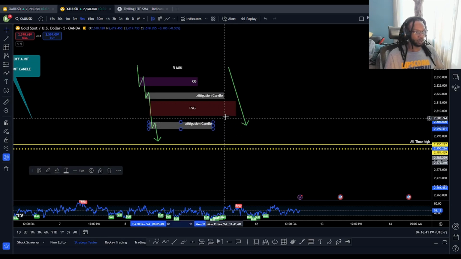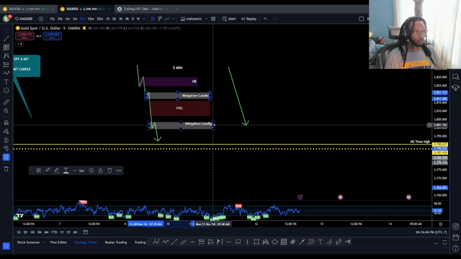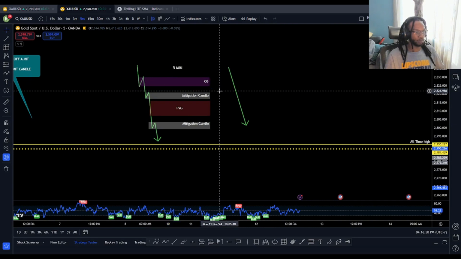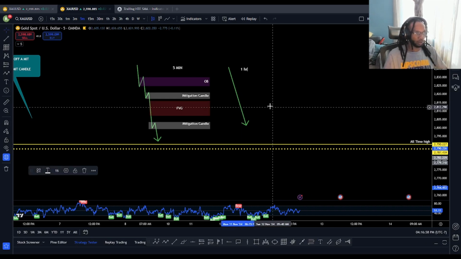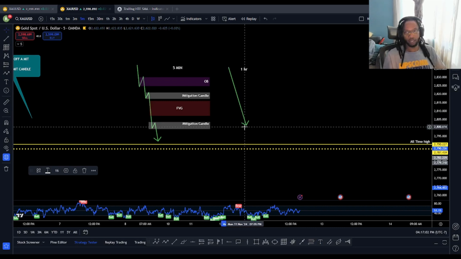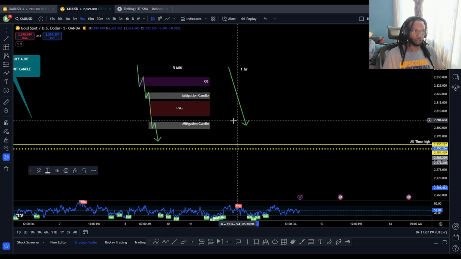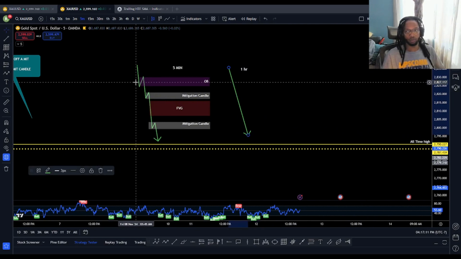Let me make this a little bit more neat. And this is the 1 hour. All right, so this is a whole 1 hour candle that is closed, and now this next 1 hour candle is opened up and is bullish, and we're trying to see where it's going to retrace back into the zone.